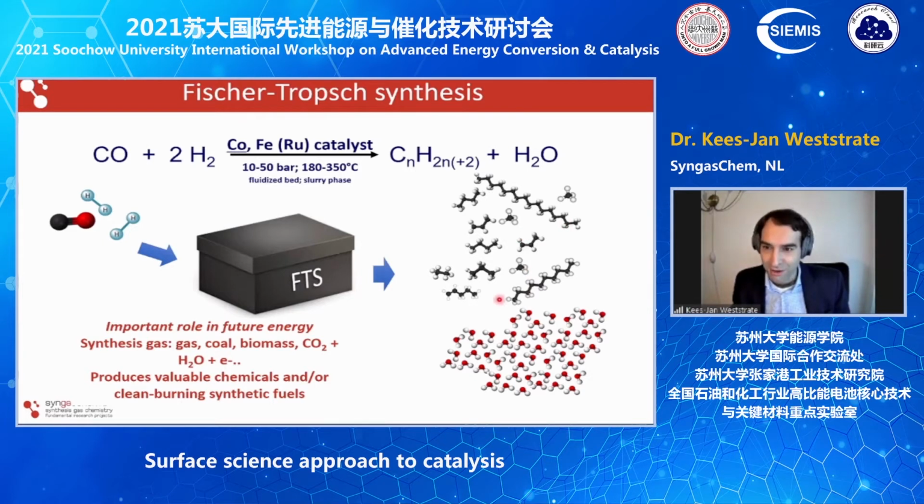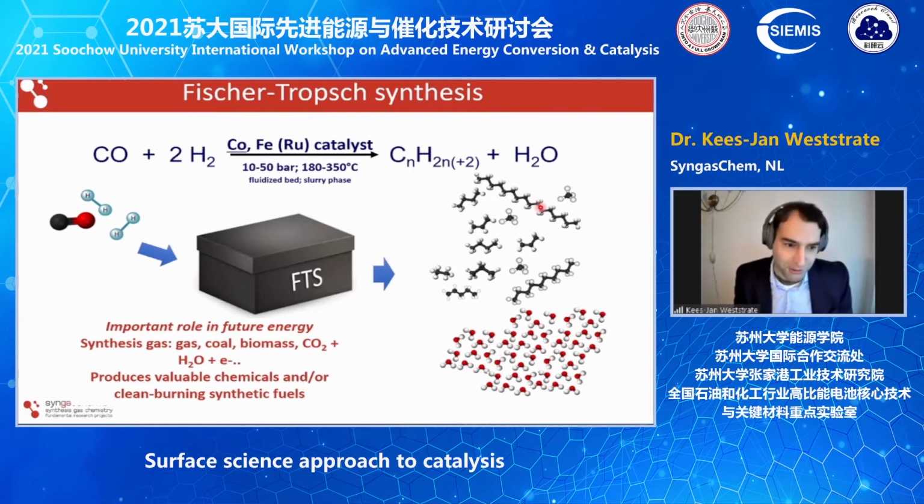You want to have long chains of hydrocarbons, long carbon chains, but you also have to make water because in the beginning you have carbon and oxygen in equal amounts, and in your end product you don't have any oxygen, so you have to remove it with hydrogen. This reaction has been used quite a lot in the past, and also today it is used to make synthetic fuels because these products can be converted into synthetic fuels.